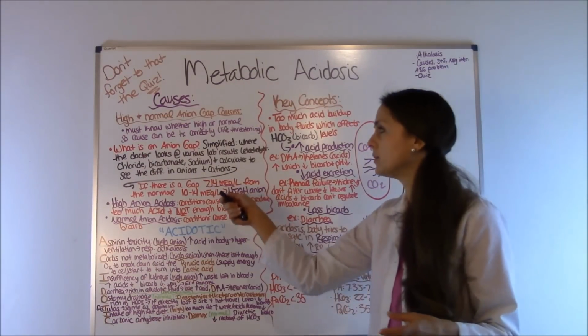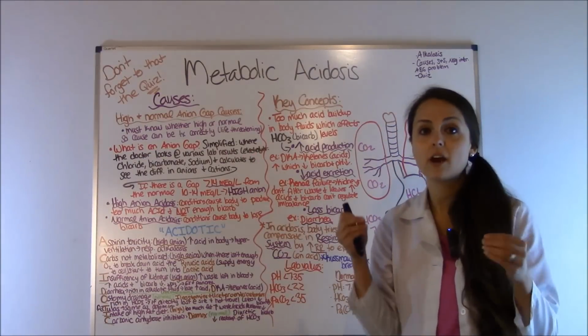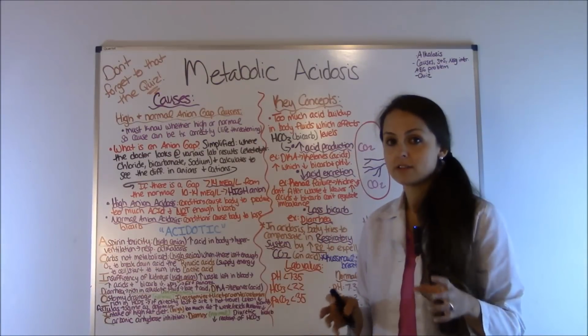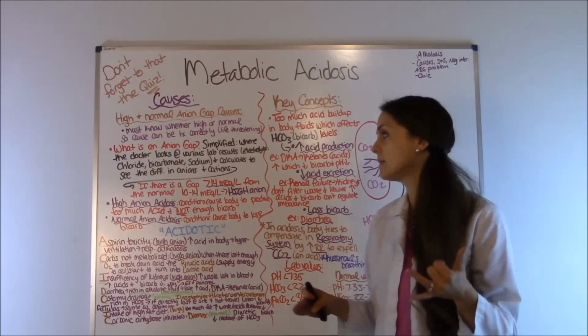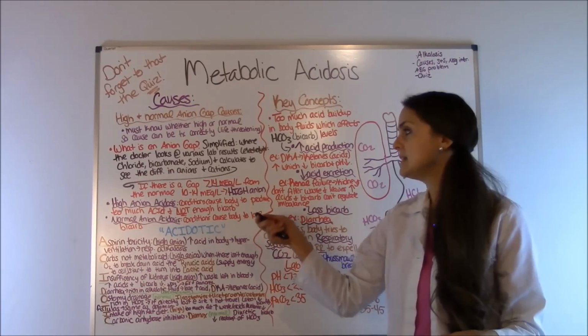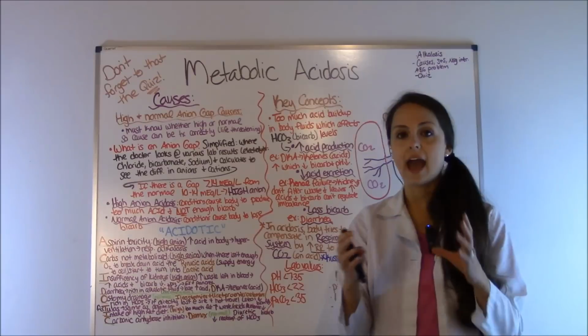So what in the world is an anion gap? Simplified for what we need to know as nurses, this is where the doctor looks at various lab values in the patient's blood work, for instance electrolytes like chloride, bicarbonate, and sodium, and they calculate this to see the difference between the anions and the cations. And they're looking for this gap.